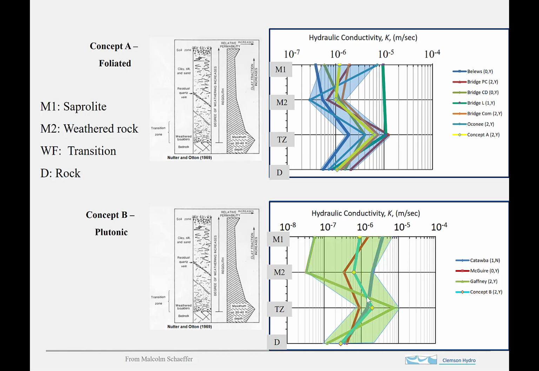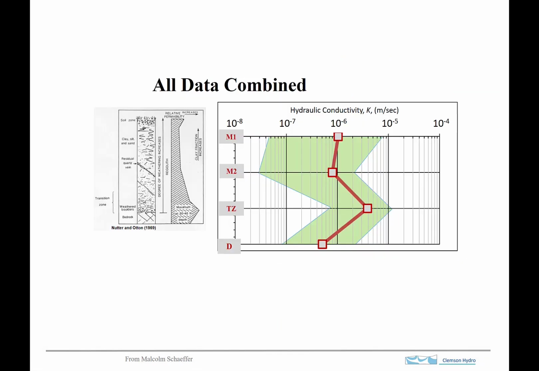There's the envelope for the plutonic rocks, and here's the overall profile, and this is the average of all of the different sites, and the green is the envelope. So you can see that down here in the transition zone, the overall average envelope is about an order of magnitude.